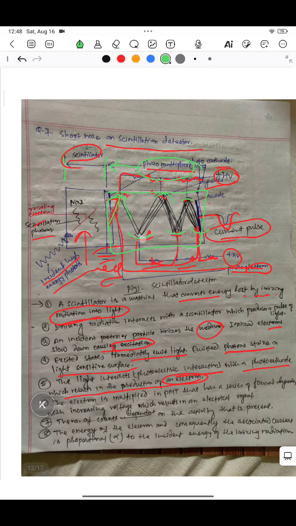I have already said 200, 400, 600, 800, 1000, like that. The increasing voltage results in an electrical signal. The number of counts depends on the activity that is present. The energy of the electron, and consequently the associated current, is proportional to the incident energy of the ionizing radiation. So whatever comes here is proportional to this.